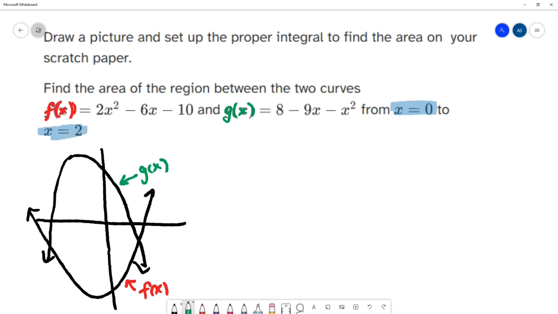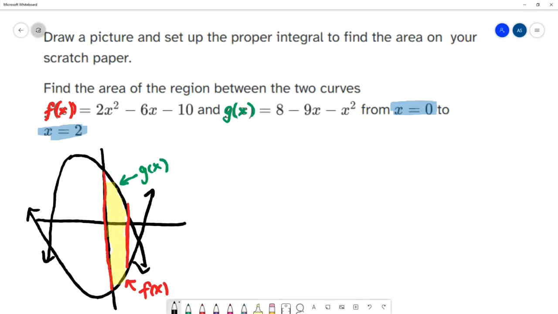So we're also going to be bounded by vertical lines at x equals 0 and x equals 2. So we're really looking for a region that looks something like this.